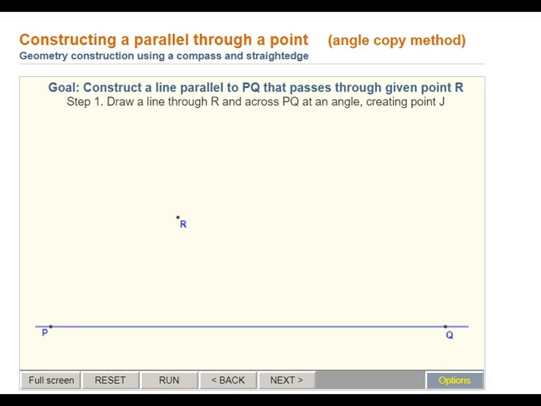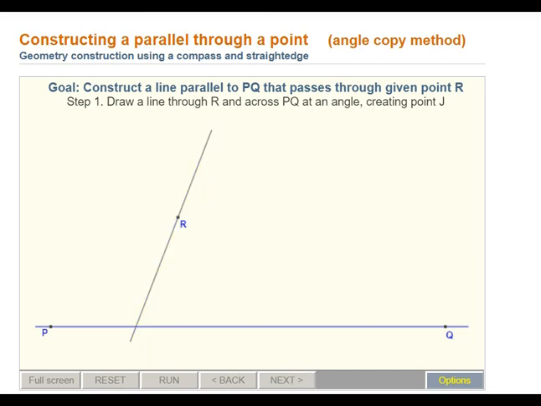I would make the construction as large as possible that you can fit on about 1/3 of your paper. The larger your constructions, the easier they are to do. So once you've drawn your PQ segment and your point R, click Next.